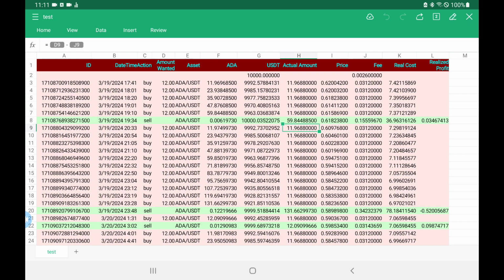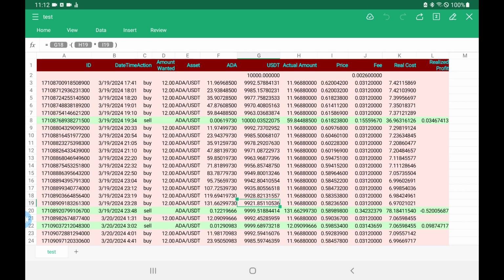So as we continue to see exactly how each position is metered and monitored based upon what we are accumulating in our ADA wallet, we can see clearly as we accumulate and as the wallet decreases for USDT, meaning we are making more and more purchases.